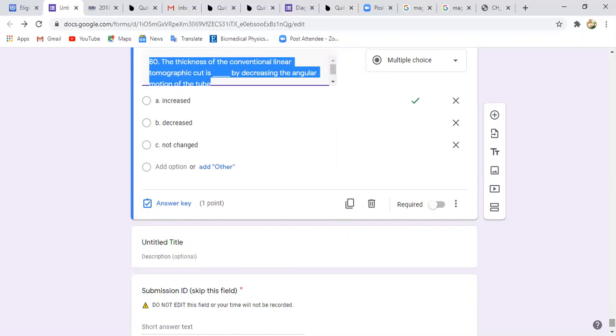What's the answer for this last one now? Okay, the answer is A. Wait, the thickness of a conventional linear tomographic cut is increased by decreasing the angular motion of the tube. And then this is a decrease. The thickness. Let me look at this on the board.